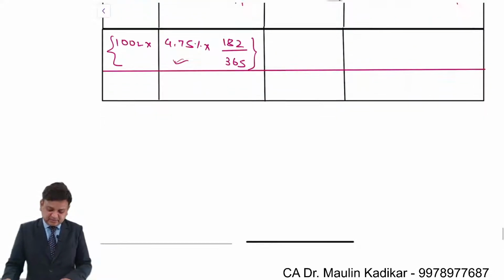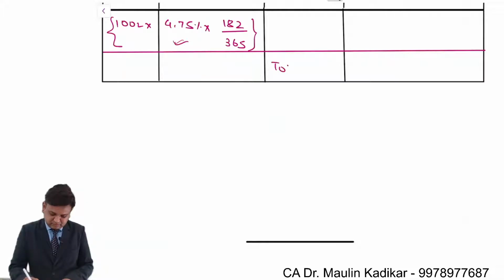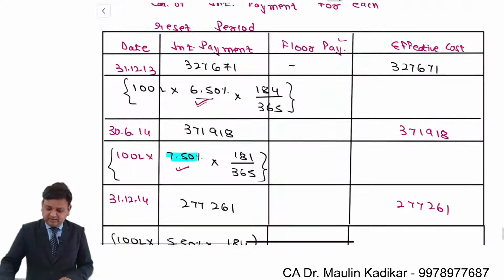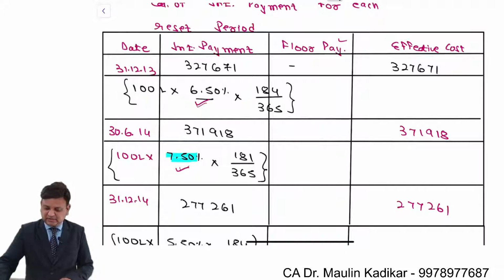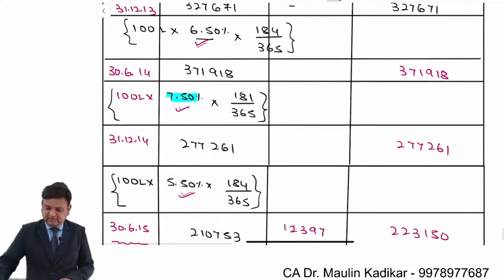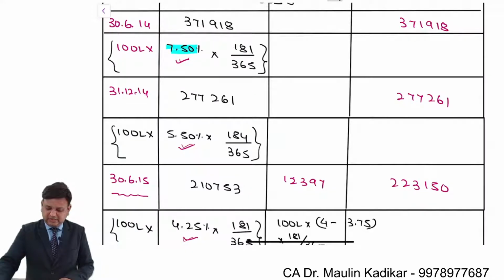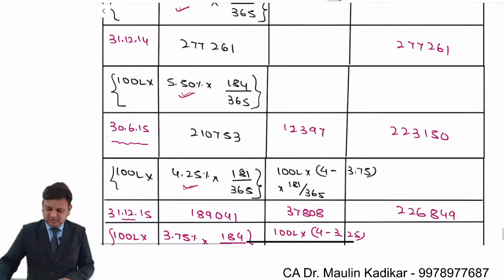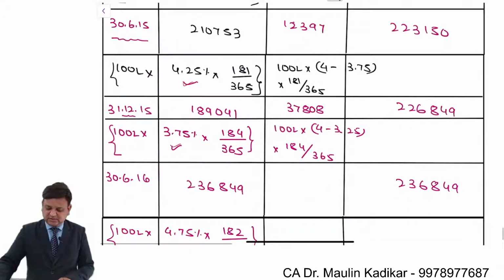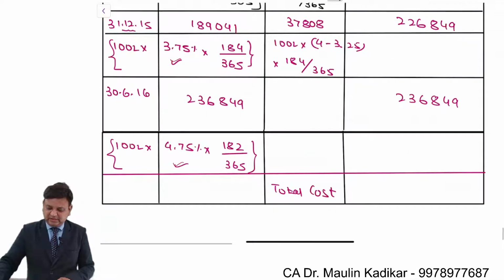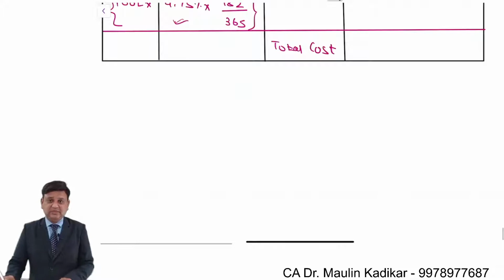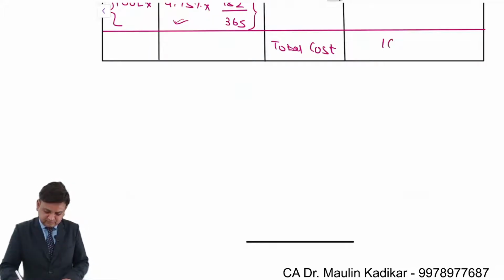So this is the way we will make the computation of the total cost. It will be 3,27,671 plus 3,71,918 plus 2,77,261 plus 2,23,150 plus 2,26,849 plus 2,36,849, and the total cost comes to 16,63,698.